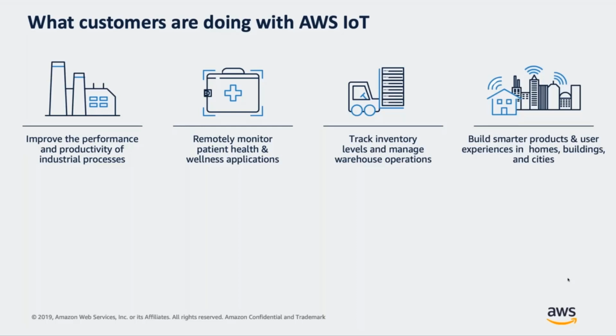Building smart products and user experiences is also an important use case for IoT data. Smart buildings are coming up increasingly, and generally, smart cities utilize a lot of IoT data to increase the efficiency as well as manage things in an optimal manner.